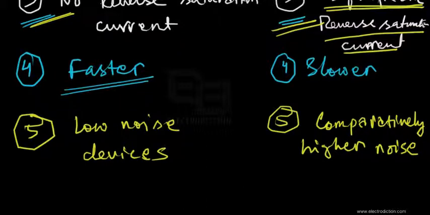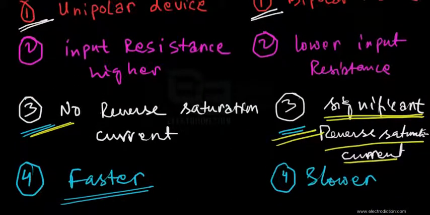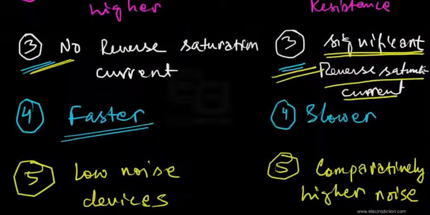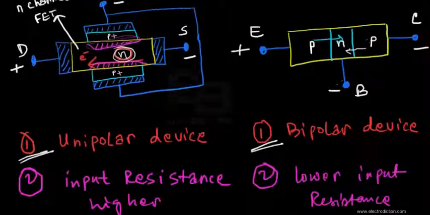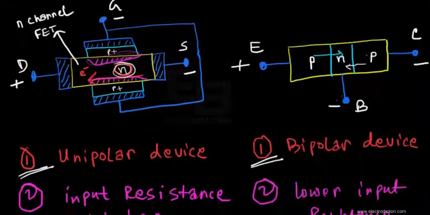Again, if we take the point of the reverse saturation current, kindly take note of what you learned in the BJT tutorial: whenever we reverse bias the collector terminal too much, then due to the reverse saturation current being quite high, it causes a phenomenon known as thermal runaway.